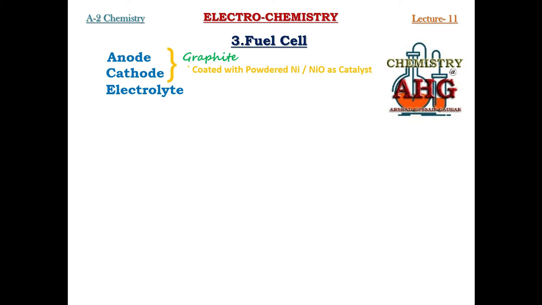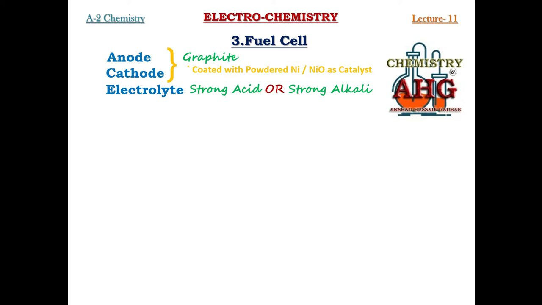The electrolyte that is used commonly in the fuel cell can be of two different types. Sometimes we use a strong alkaline solution as an electrolyte, or sometimes we can use a strong acidic solution as an electrolyte. So we can use HCl solution, or we can use sodium hydroxide NaOH solution as an electrolyte.